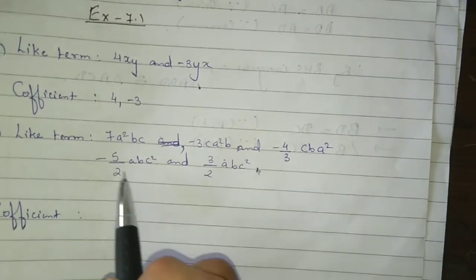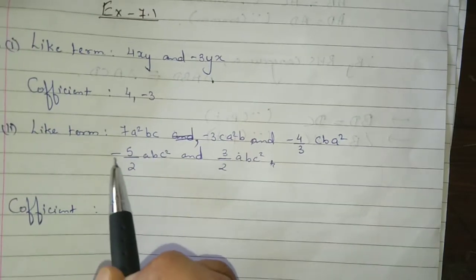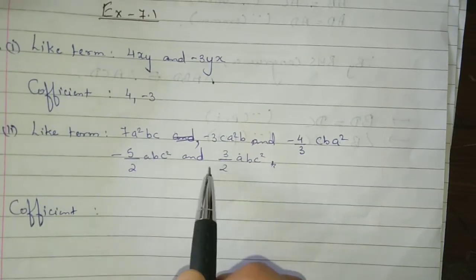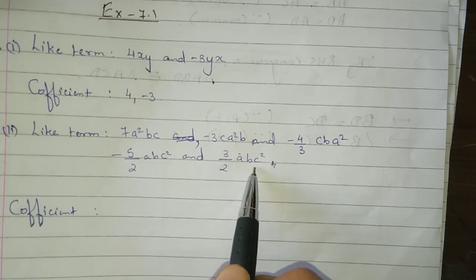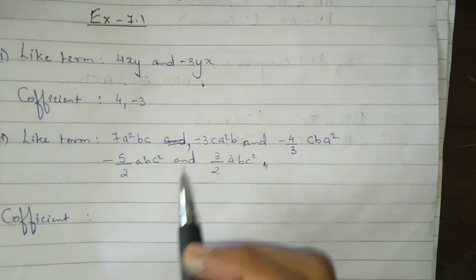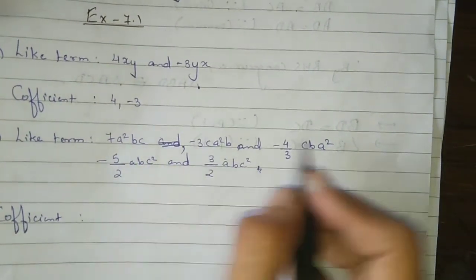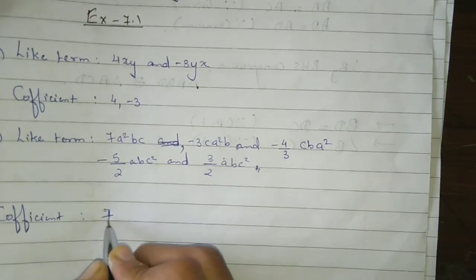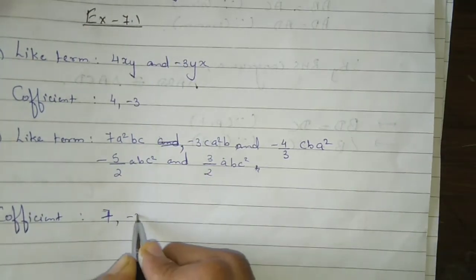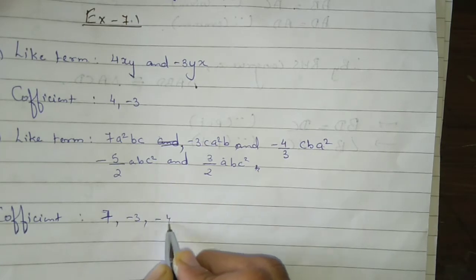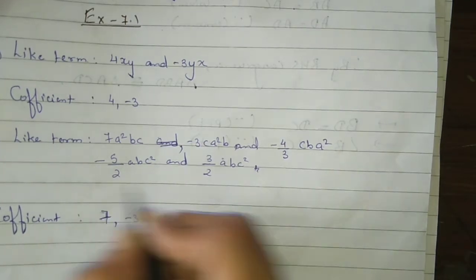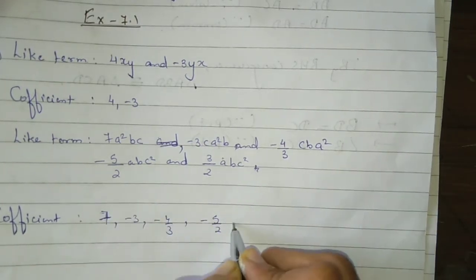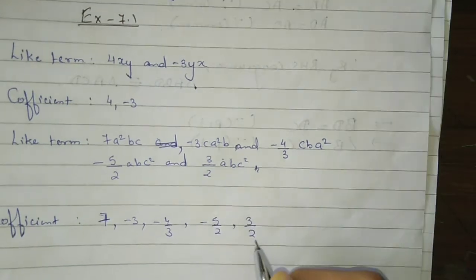These three are like terms. And another one is also there, minus 5 by 2 abc square and 3 by 2 abc square. These two are another set of like terms. So the coefficients of all of these are 7, minus 3, minus 4 by 3, and the other set is minus 5 by 2 and 3 by 2.